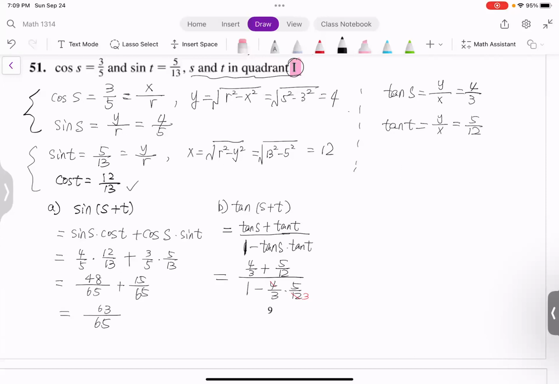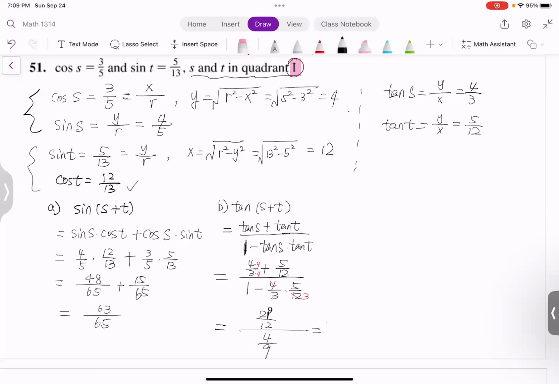So let's do the addition on the top. Here multiply by 4, multiply by 4. So the bottom is 12 and the top is 16 plus 5, which is 21. And the bottom, let's see, 1 minus 5 over 9. What is 1 minus 5 over 9? It's 4 over 9.